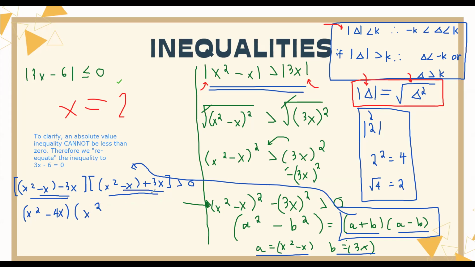Then we have minus x plus 3x plus 2x is greater than 0. Everything clear so far? Opo. So next, this is simplification, and then let's do GCF. This is common factor. It's factor of x. So this will become x times x minus 4, right? And this becomes x times x plus 2 is greater than 0.